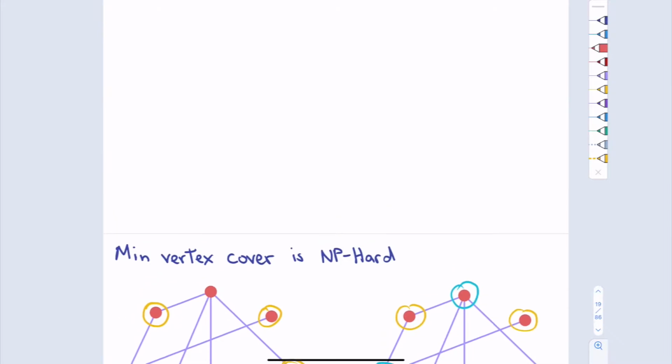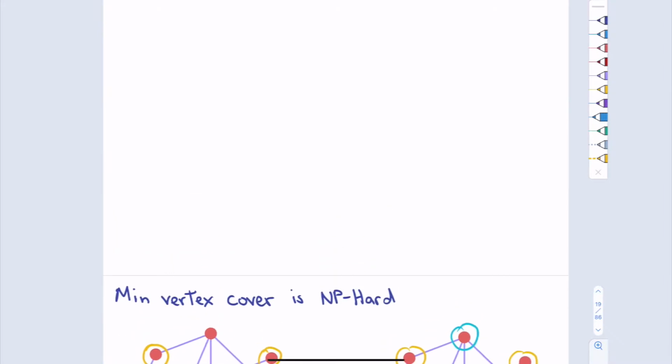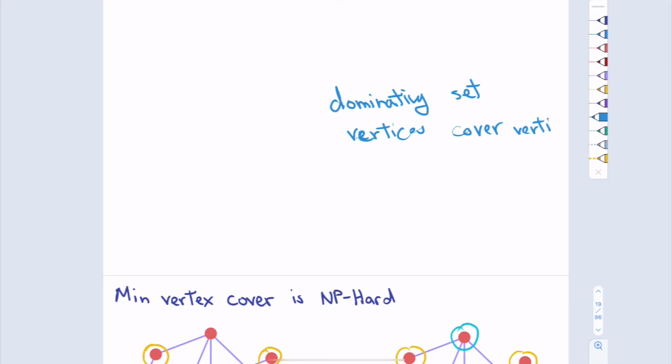So it's sort of like vertices covering vertices. For every vertex in a graph, I either take that vertex or some neighbor of that vertex, whereas vertex cover is covering the edges of the graph.